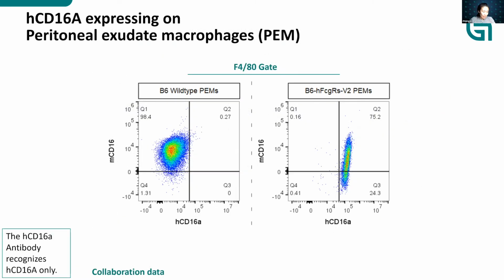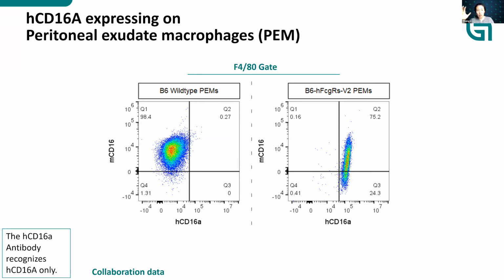All right, so the last bit of validation, we also use flow, and this is to look at the macrophages. Macrophages have been gaining good momentum in the IO in the past year or so. And in this particular experiment, we do want to see whether there are any macrophages that express CD16A.